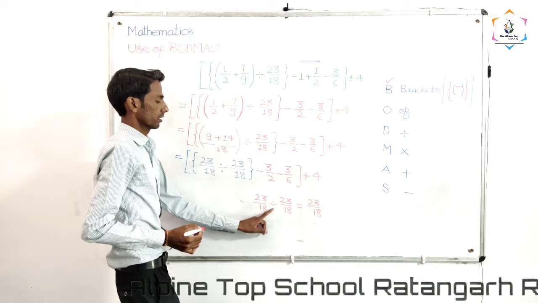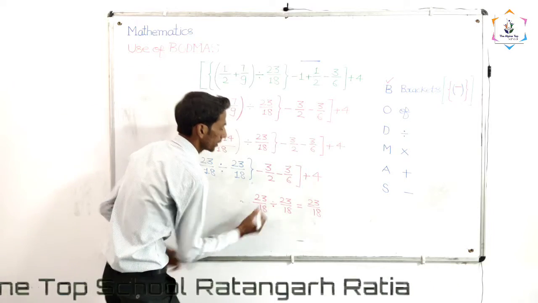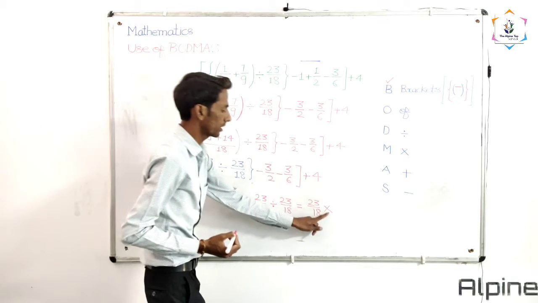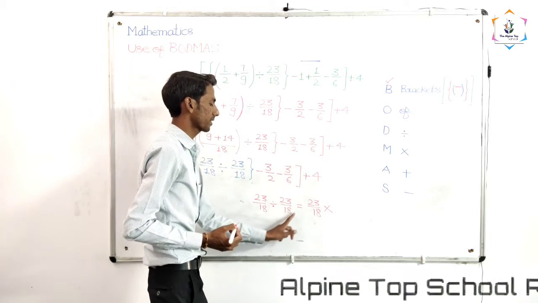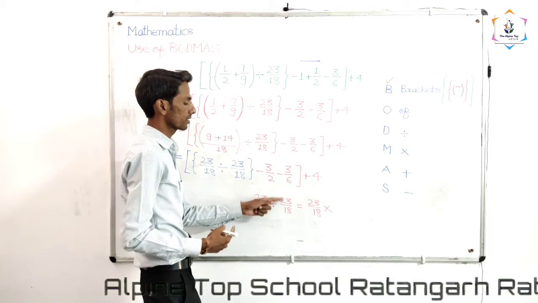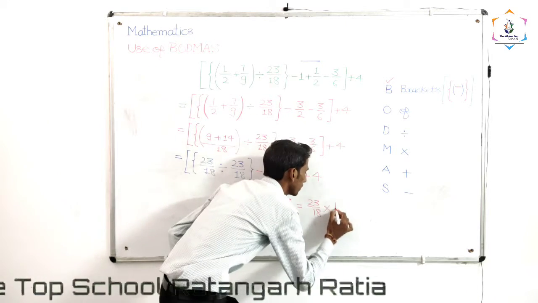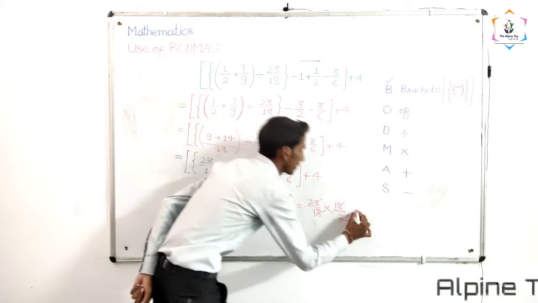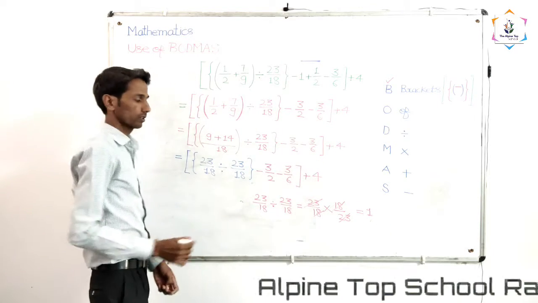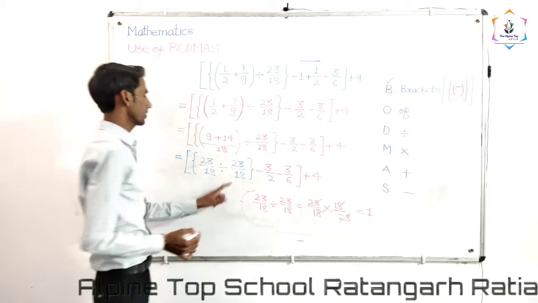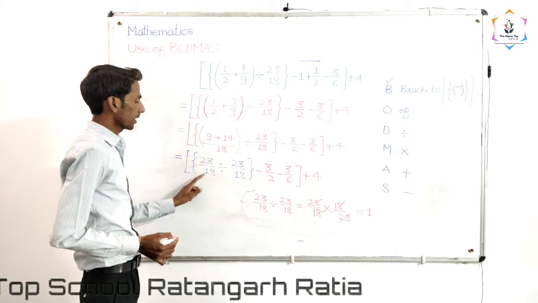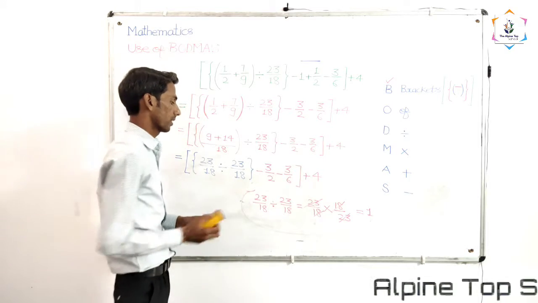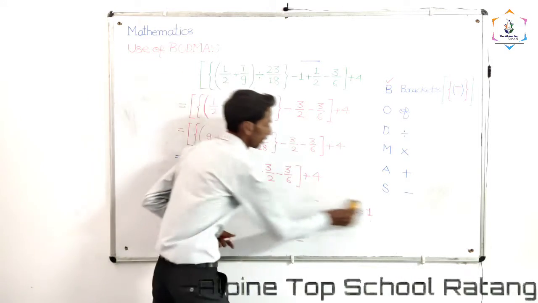Whenever we solve the division symbol, we need to write division as multiplication by the reciprocal, meaning the right side number is written in reciprocal form, so 23 by 18 we write as 18 by 23. Now 23 cancels 23, 18 cancels 18, we are getting 1 in rough work. It means when I divide 23 by 18 by 23 by 18, I will get 1, and here I have already shown we have got 1.